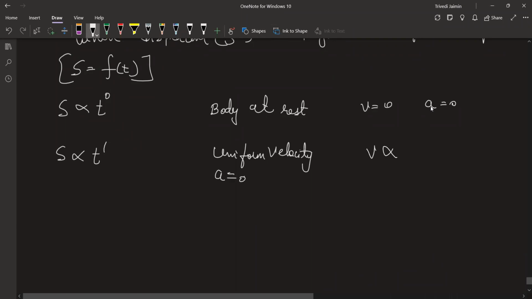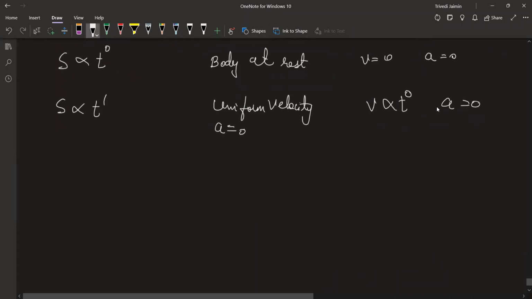Therefore v is proportional to T to the power 0, and a is 0. When S is proportional to T to the power 2, it is uniform acceleration. v is proportional to T to the power 1, a is proportional to T to the power 0.